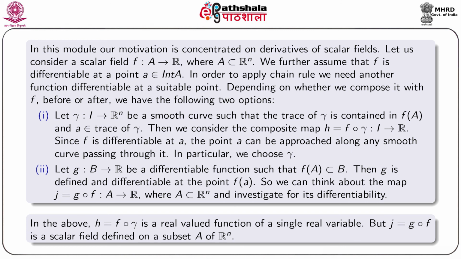Then we consider the composite map H defined by F compose gamma, which is a map from I to R. Now, since F is differentiable at A, the point A can be approached along any smooth curve passing through it. In particular, in this case we choose gamma.